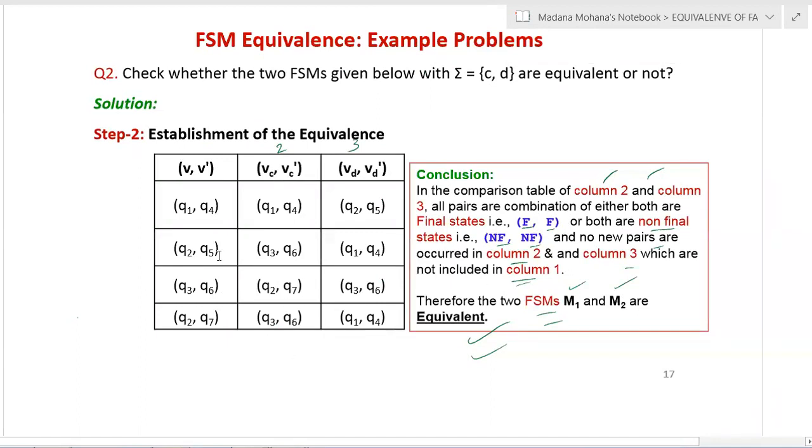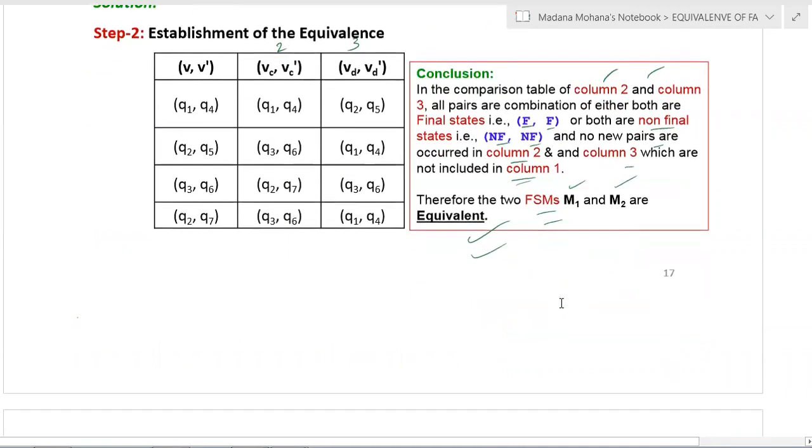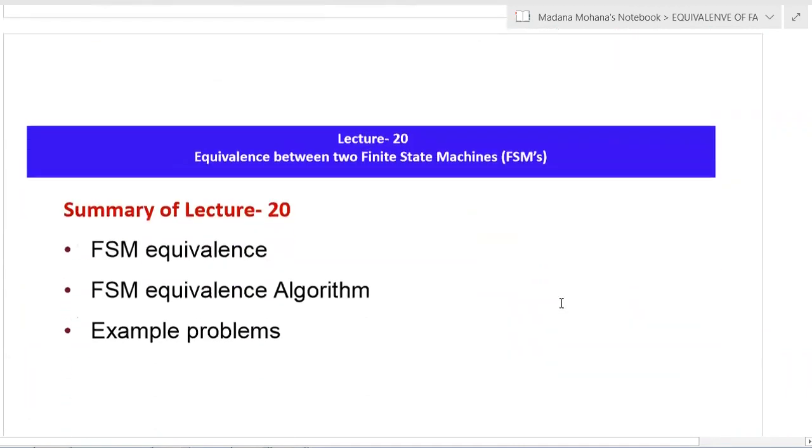That too, no new pairs exist which have not occurred in column 1. So those can't occur in column 2 and 3. Therefore, the two FSMs M1 and M2 are equivalent. So in this case, the two FSMs are equal. In our first example, the two FSMs are not equivalent.